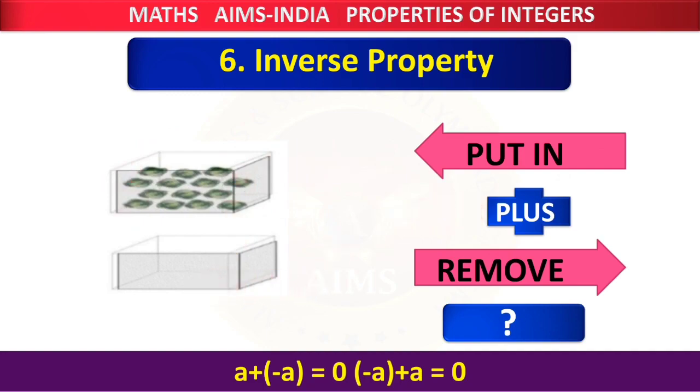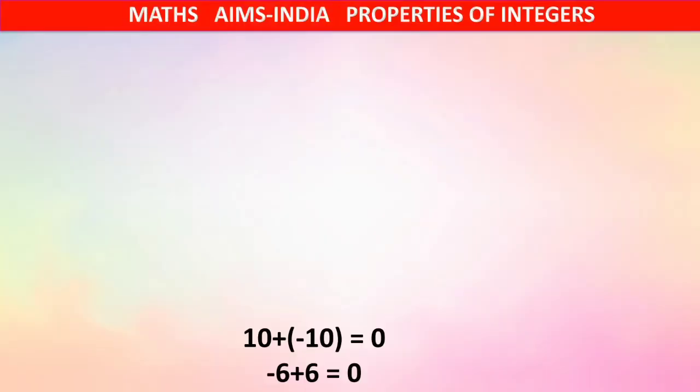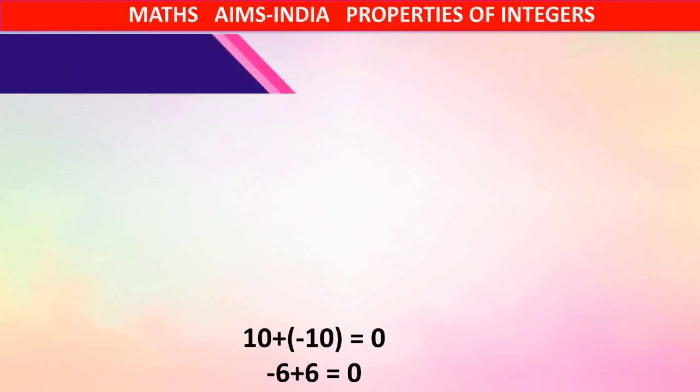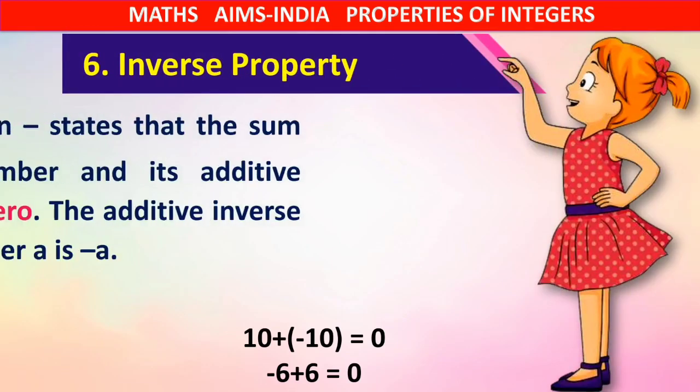The answer will be 0. When I put 5 leaves in a box and I take out all the 5 leaves, will anything be remaining in that box? No, nothing will be remaining. When I say nothing, which number is used to represent that? The number 0 is used to represent that, right? Yes.